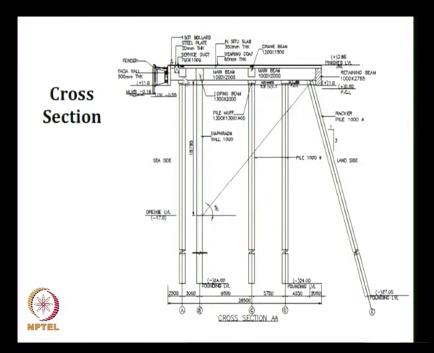So normally in these types of berthing structures, we have one important requirement that is the utilities. Through these utilities we have cables which will be used for power connection. We will have the oil line, water line, both for bunkering as well as for fire.